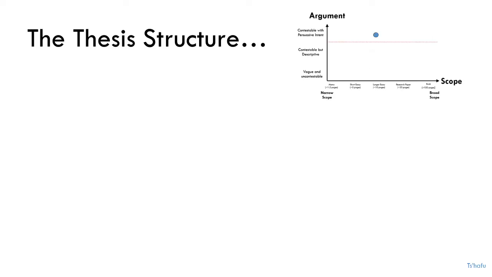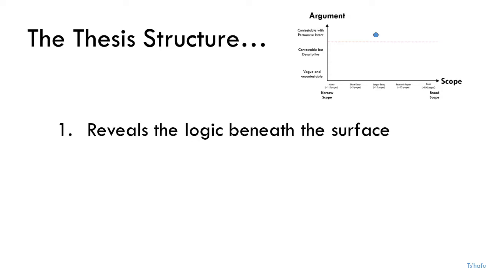The reason we want to identify the thesis structure is really for two reasons. The first is that it allows us to highlight the underlying logic of the thesis. This is not something to be underestimated. It's actually crucial. Oftentimes, as a reader, we get stuck on content and big jargon and are unable to understand what the argument is.